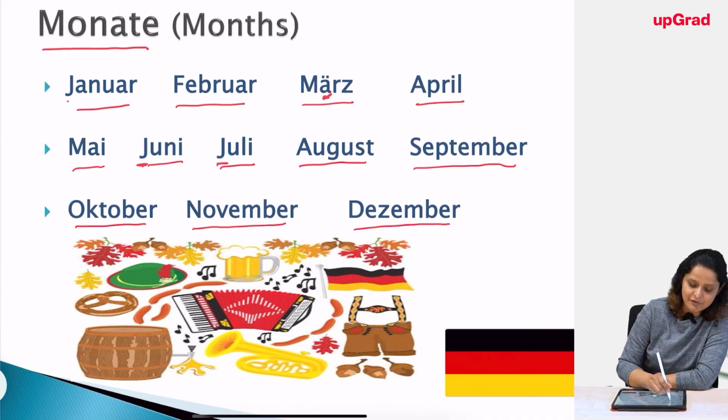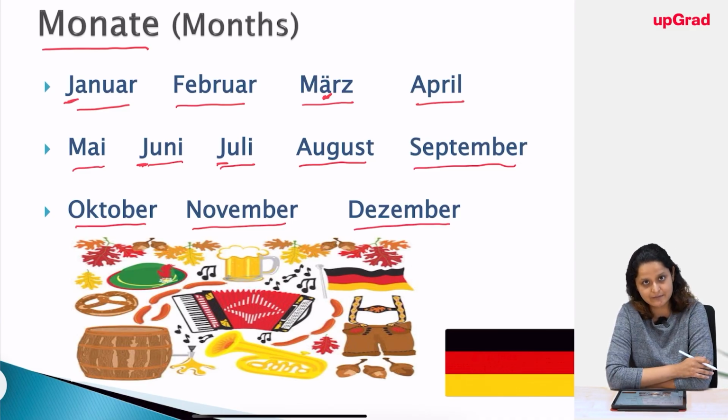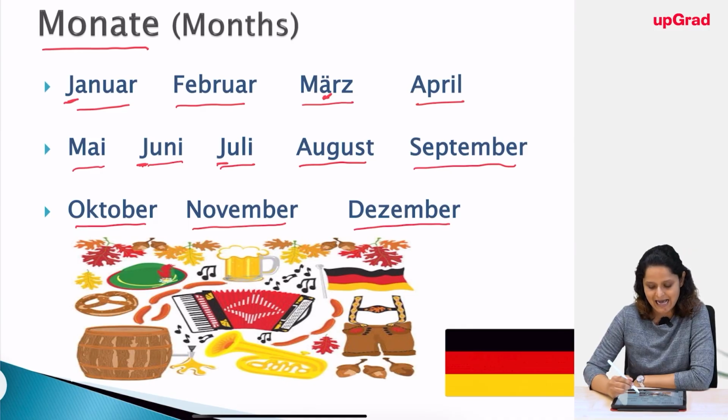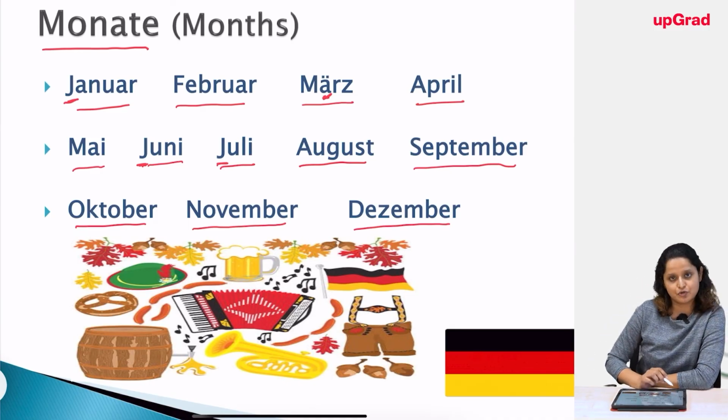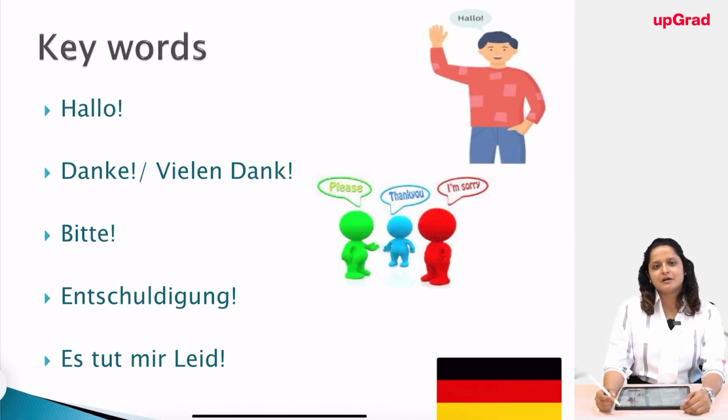Also, the sound of Januar. So, Januar, Juni, Juli. August, September, Oktober, November, and Dezember.